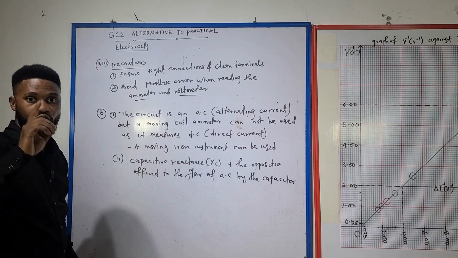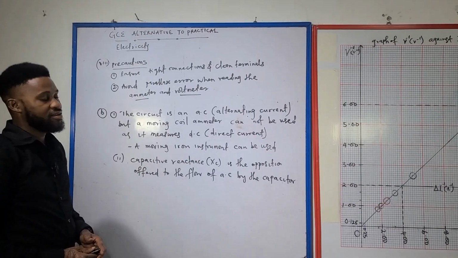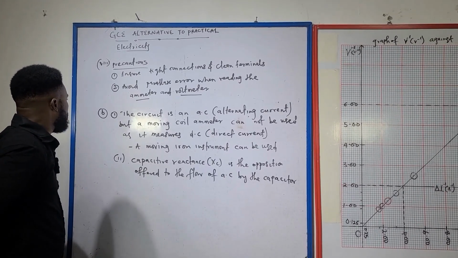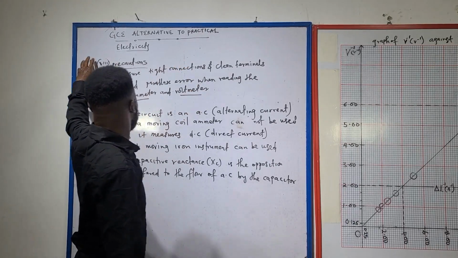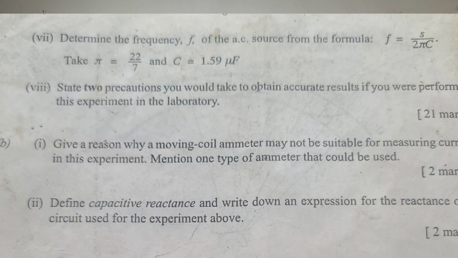Also, we have question B. That's the end of question A, Roman figure 8. So for question B, we were told to give a reason why a moving coil ammeter may not be suitable for measuring current in this experiment.